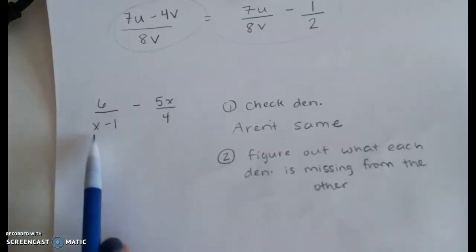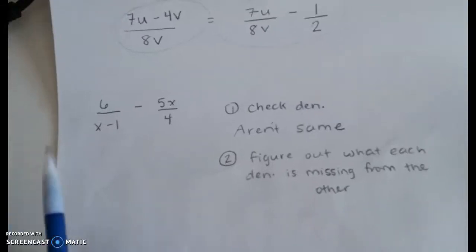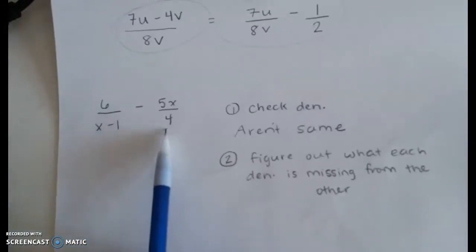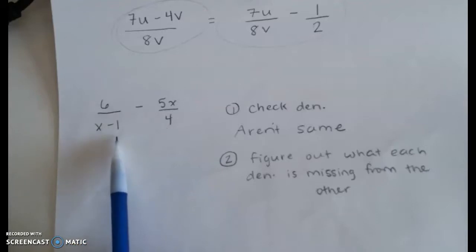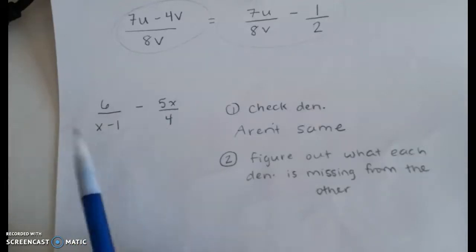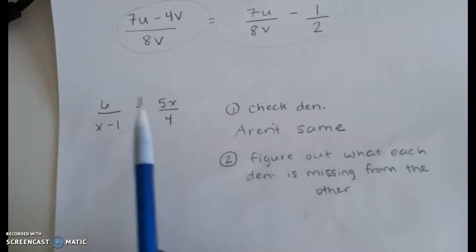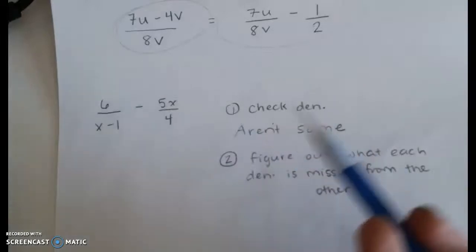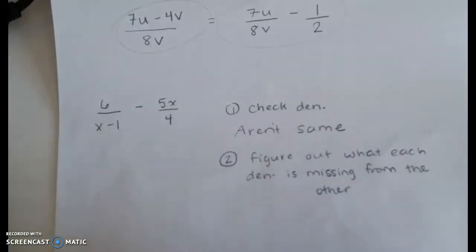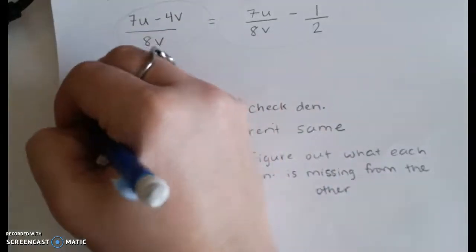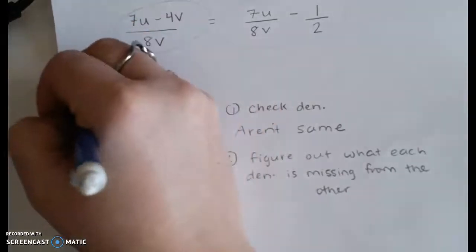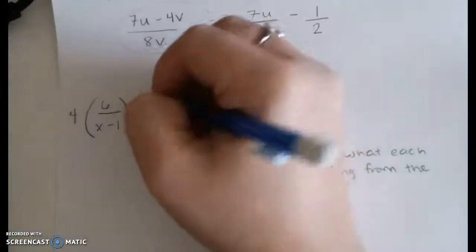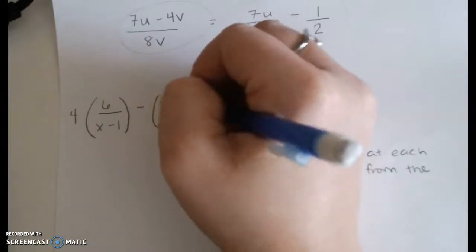So x minus 1 and 4 are my denominators. What is over here that isn't over here? A 4. Okay? And what's over here that isn't over here? An x minus 1. So what we're going to do is multiply this side by 4, and we're going to multiply this side by x minus 1.